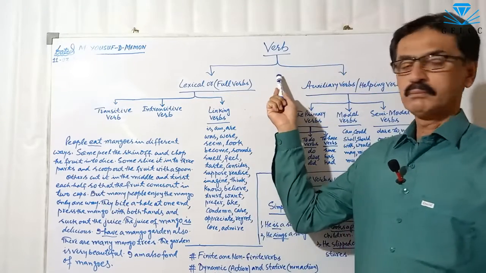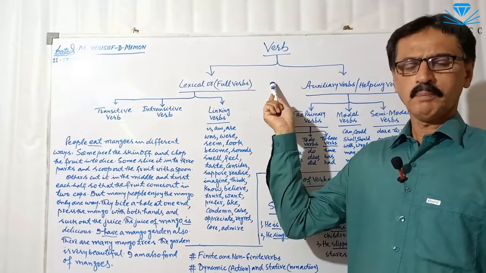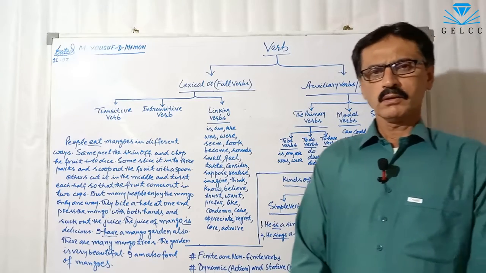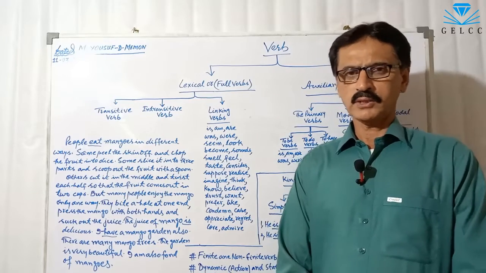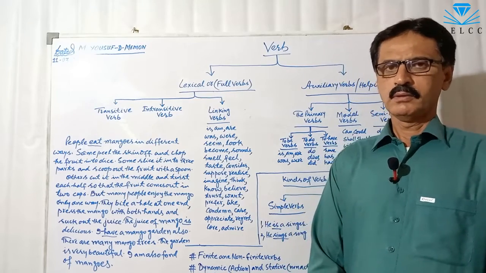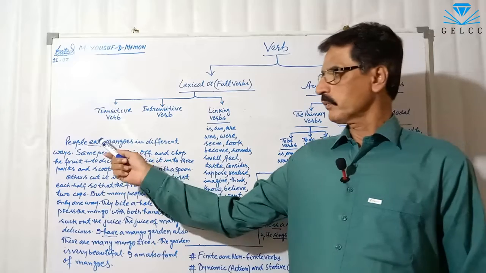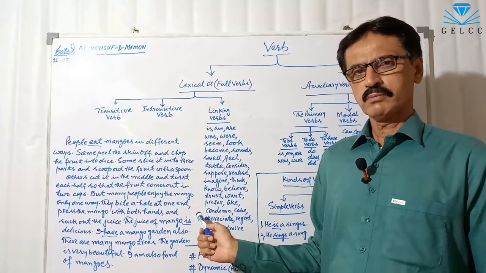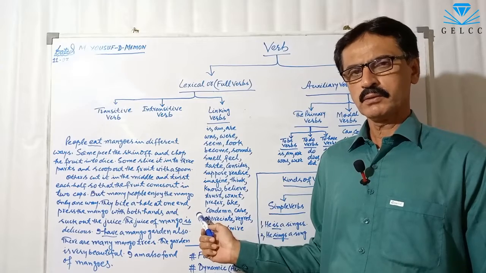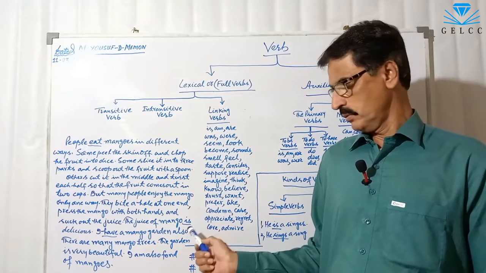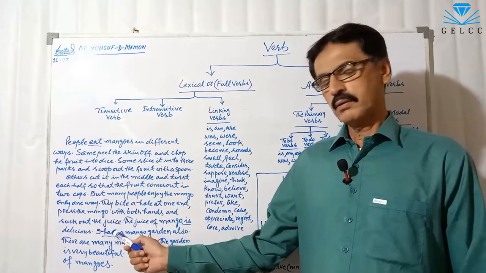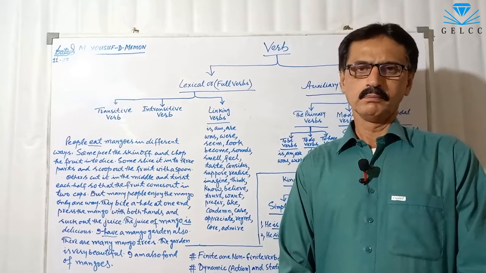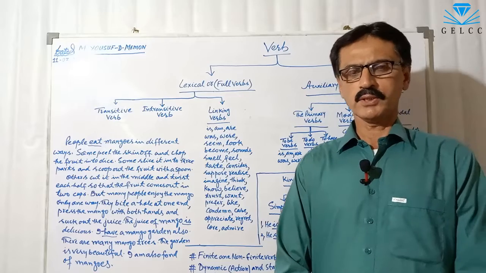A verb is a part of speech, or any of a class of words expressing action, existence or state of being or occurrence or possession is called a verb. This is the definition.